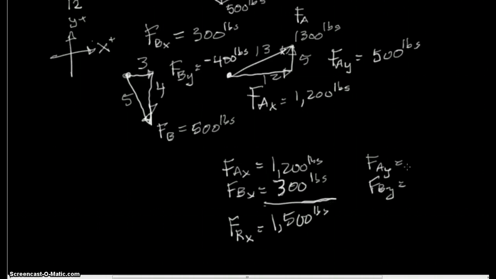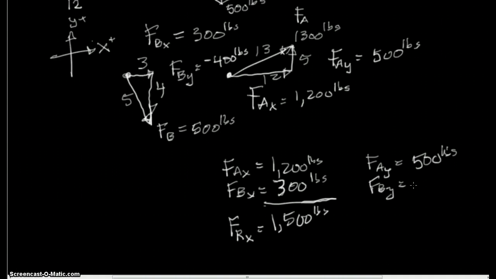And you go over here, and FAY was 500 pounds, and then FBY was negative. Well, we didn't put negative over here. We called it negative just because it's going down, but you don't really have to call it negative since you're showing it. I always call it negative, just so you know it's going down.